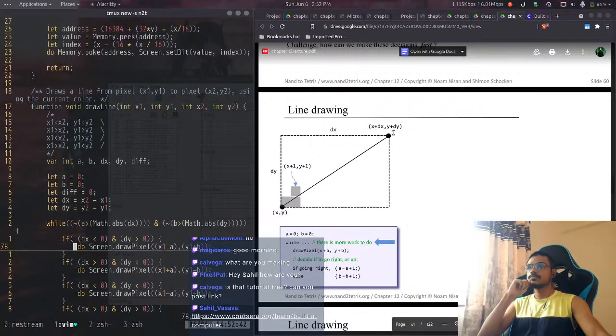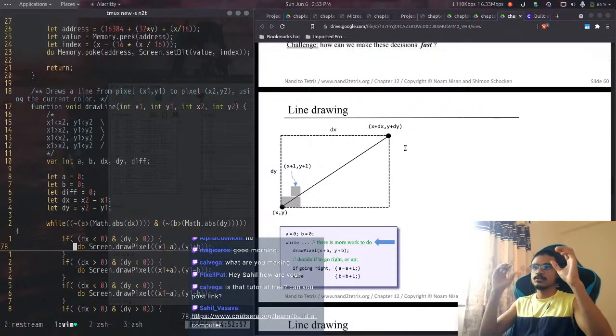x, y, x plus dx, y plus dy. Okay, so I was saying that a, b and dx and dy can be negative. dx and dy is basically the difference between two points, the starting point of the line and the ending point of the line, right?